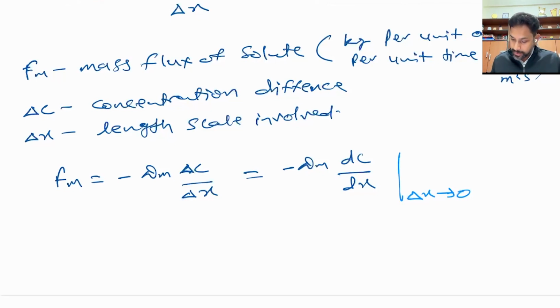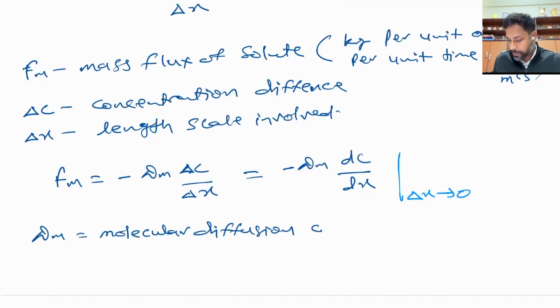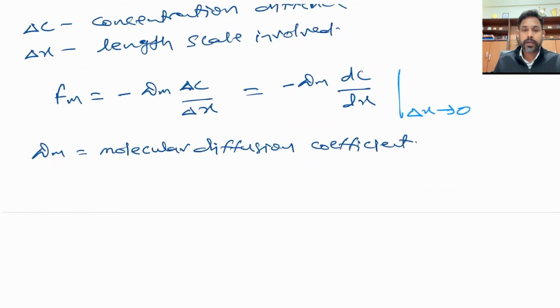So what exactly is this Dm? Dm is known as the molecular diffusion coefficient. Okay, so the molecular diffusion coefficient depends on the solute and the particular fluid.